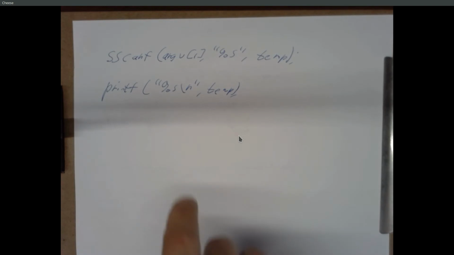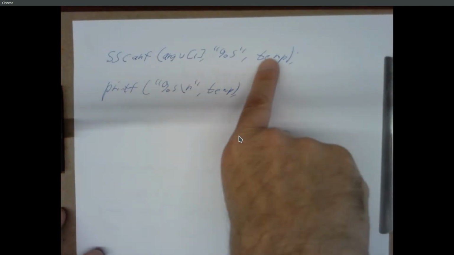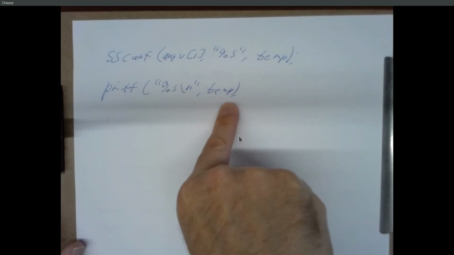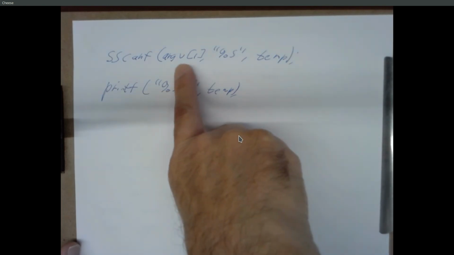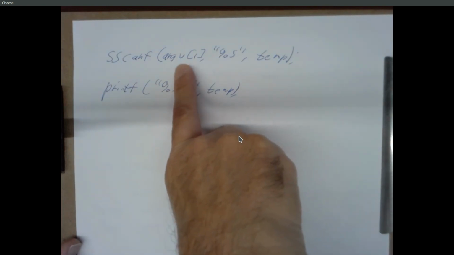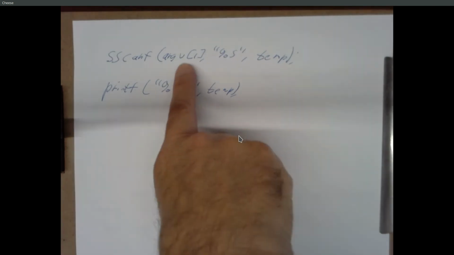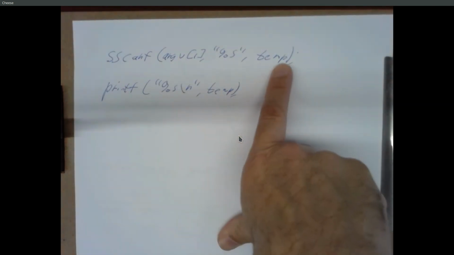So use Sscanf with a %s to convert argv bracket 1 into a string called temp and then print out temp. Best case, this does no harm. Worst case, it actually truncates your string. If your string actually contains spaces, and I know I said it doesn't contain spaces, but if it did contain spaces, this would stop scanning at the first space and temp would just be the first piece of argv bracket 1.